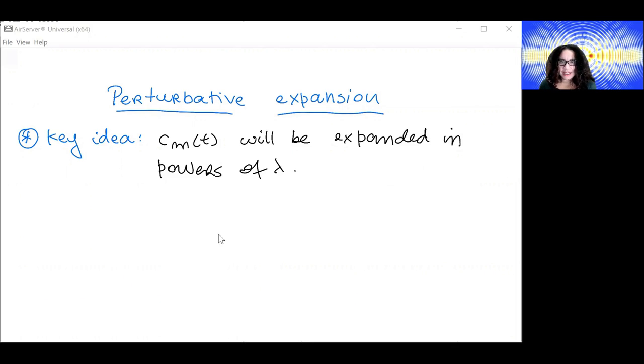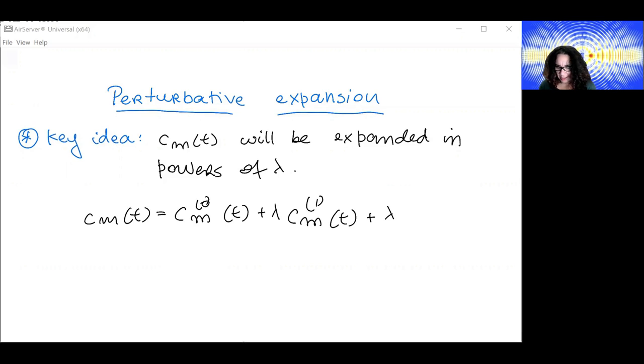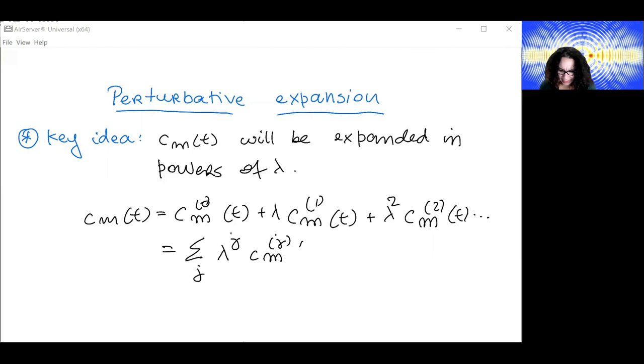And this means that we are going to write C_m(t) as C_m^(0)(t) plus lambda C_m^(1)(t) plus lambda squared C_m^(2)(t), etc., etc. So this is going to be the sum over j of lambda to the power j C_m^(j)(t).